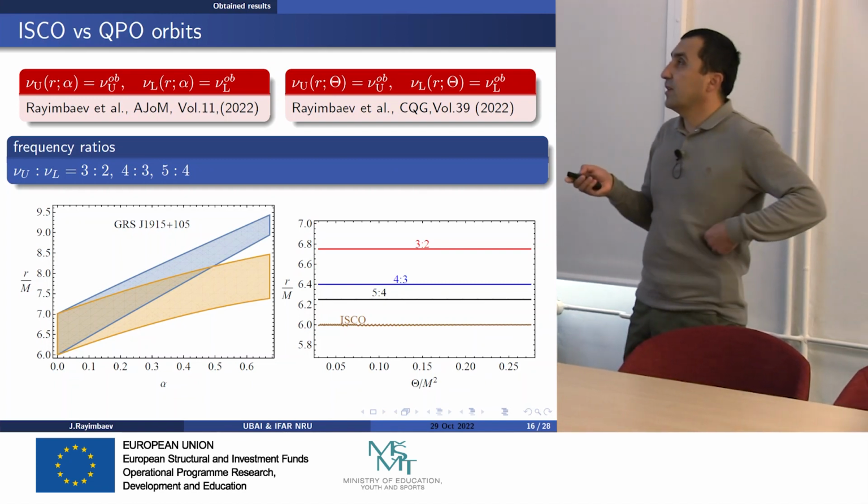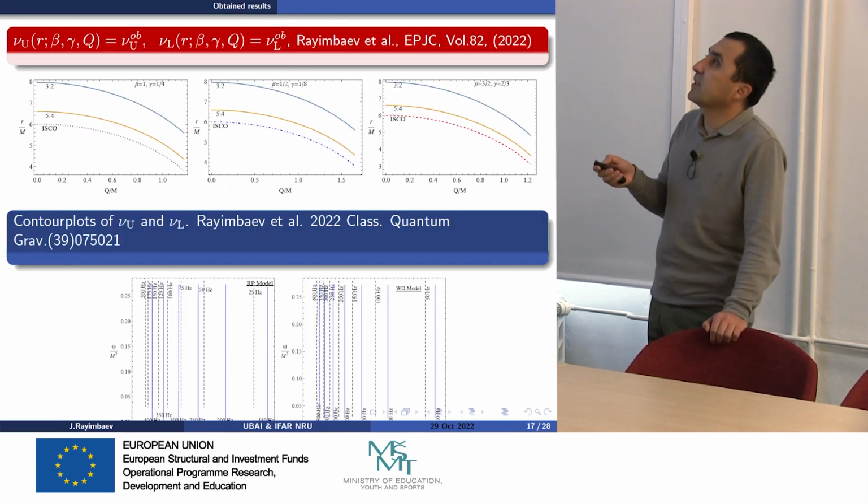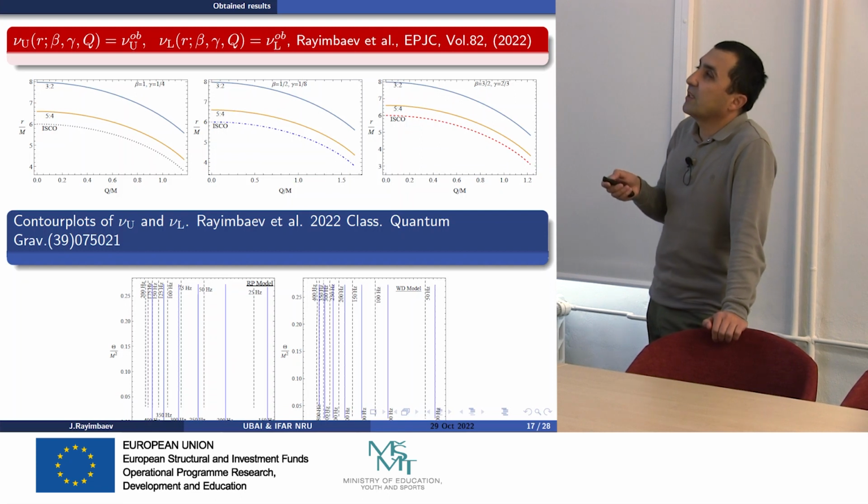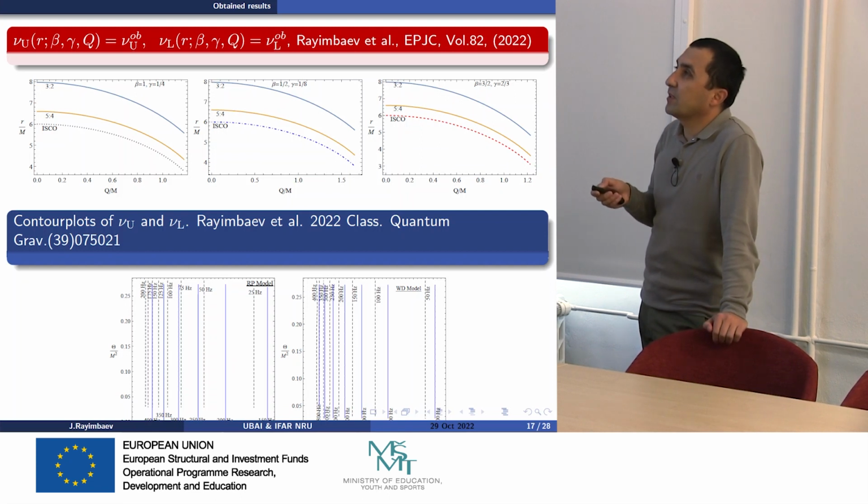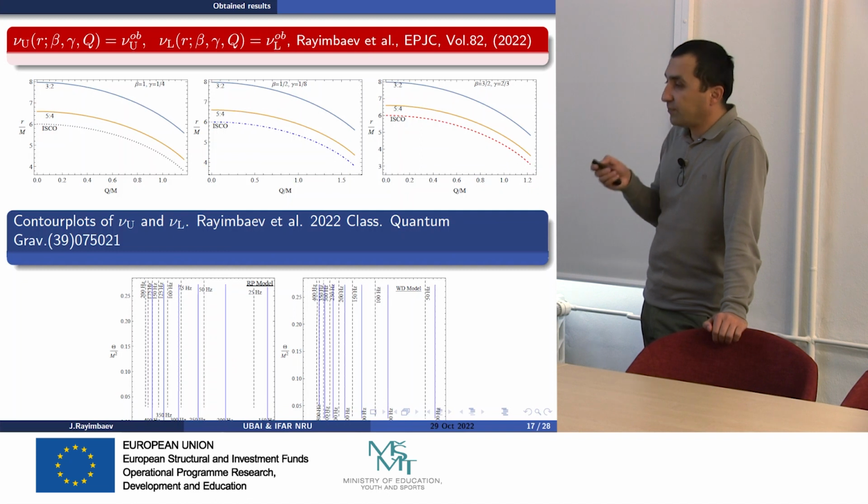Here similar results are obtained for Einstein-Maxwell gravity, also for charged black holes. We can see all this behavior is the same with the increase of black hole charge.